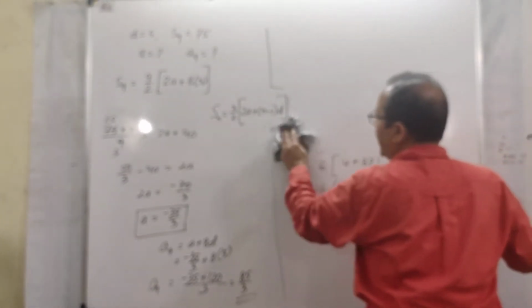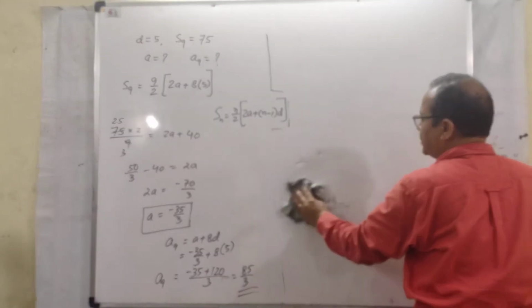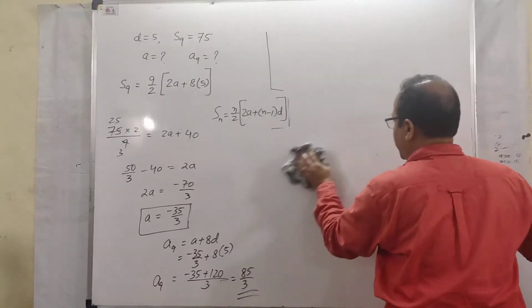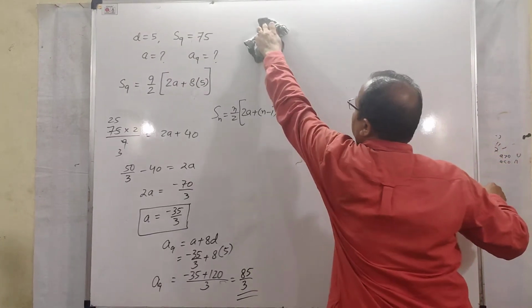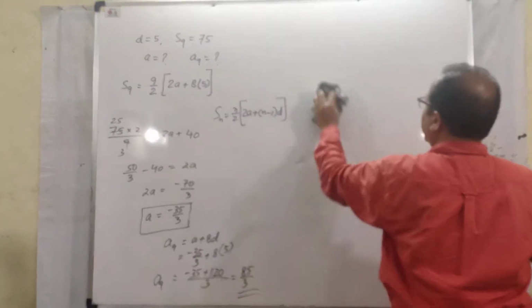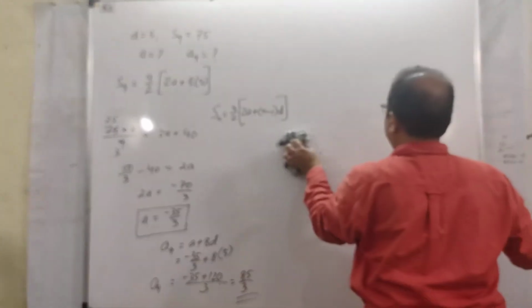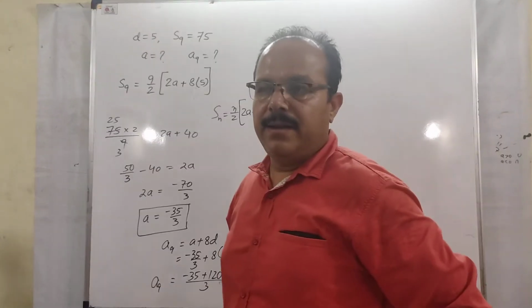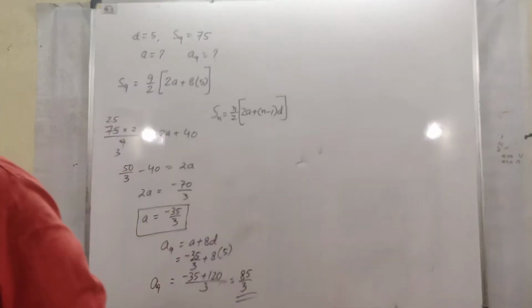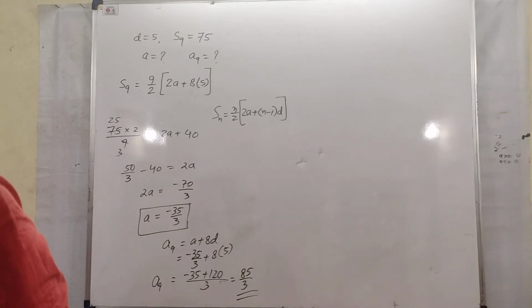S9 will be equal to 9 upon 2 into 2a plus (9 minus 1) into d, that is 8d. Remember, whenever you use a formula, do it carefully, in such a way that you can substitute the values properly. S9 will be 9 upon 2 into 2a plus (9 minus 1) into d.